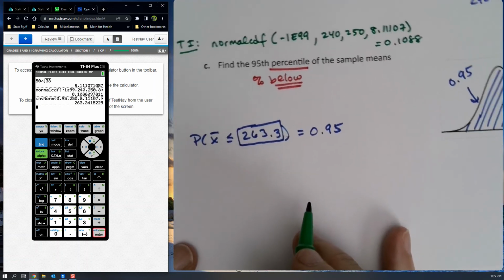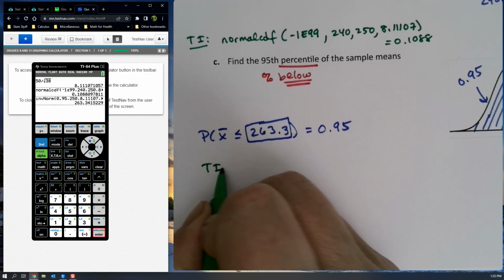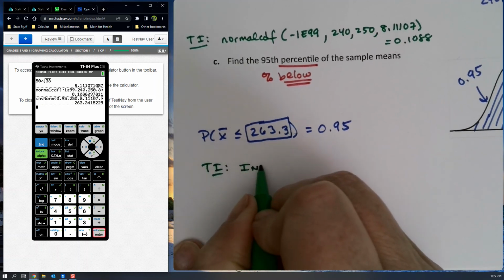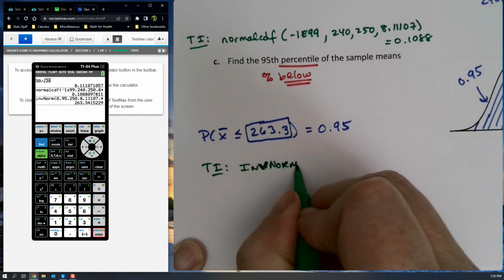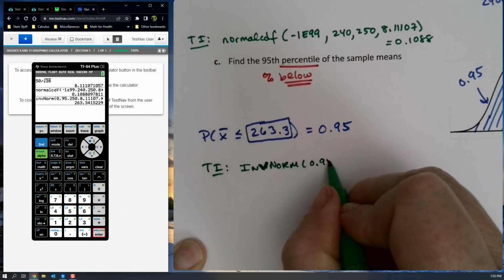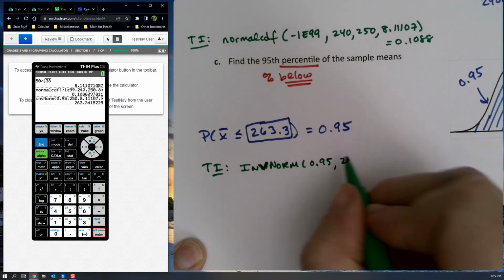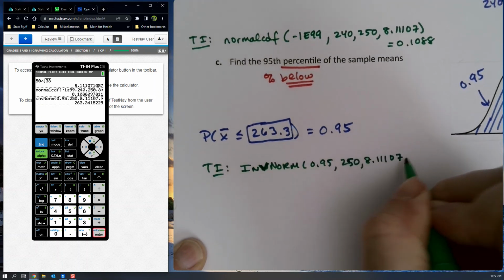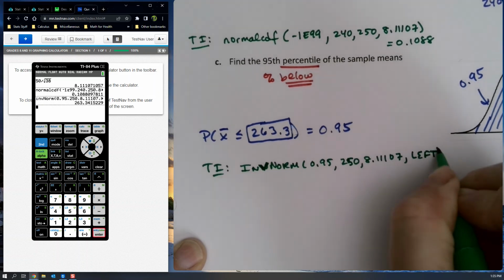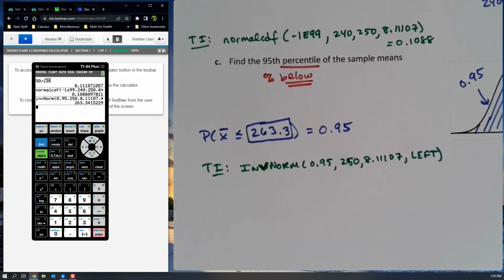And then down here on the TI calculator would be inverse norm. That's a V, sorry. Inverse norm. And it'd be 0.95, 250, 8.11107, left. Now, if you're on an old calculator, the left is not an option. It just automatically is.